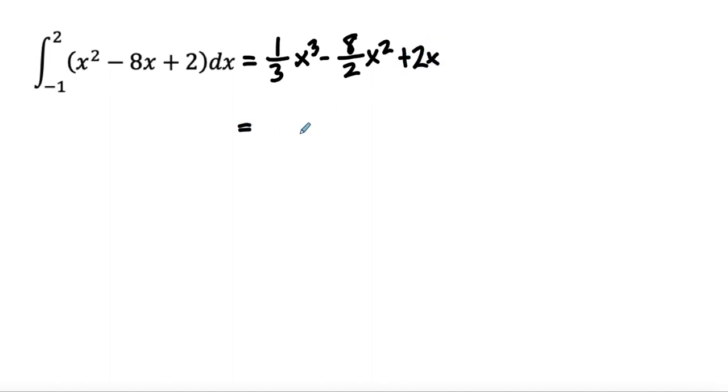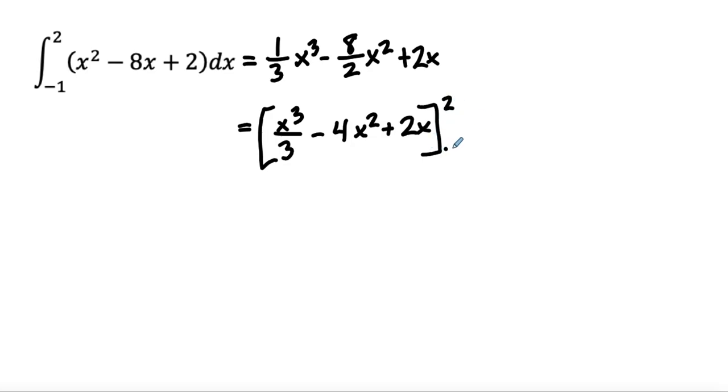Okay, so let's simplify this. And I'm also going to write this another way so I can input numbers more easily. Instead of writing it 1/3 x cubed, I'm going to write it x cubed divided by 3 minus 4x squared plus 2x. And remember, now we know that our c is just going to cancel out anyway, so you don't have to worry about it.